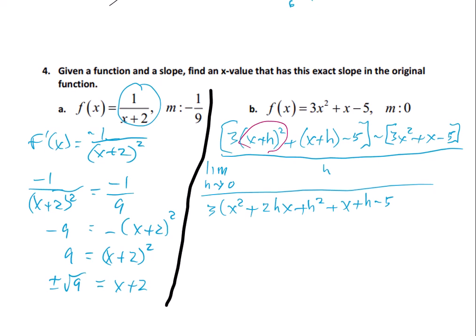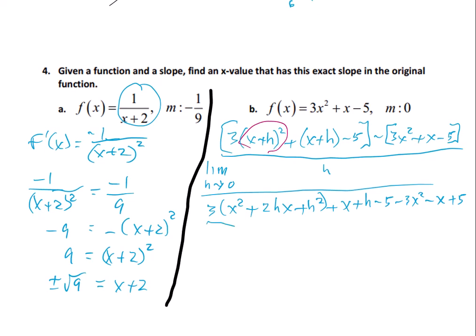That's our y2, and I'm going to subtract our y1, so that gives me minus 3x squared minus x plus 5.